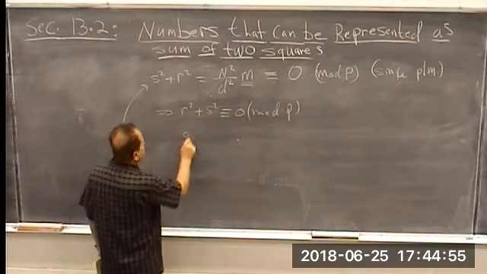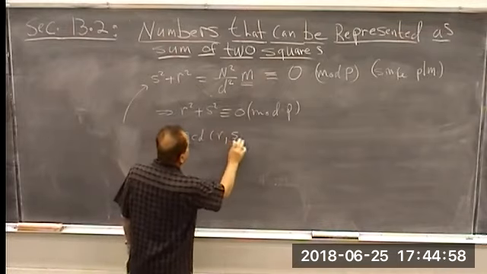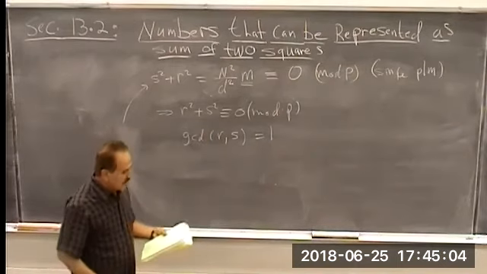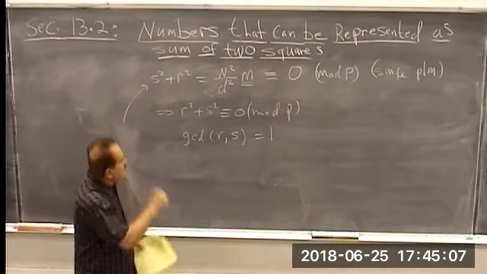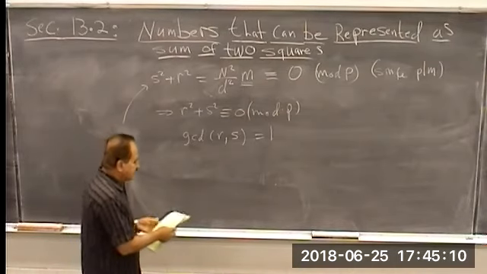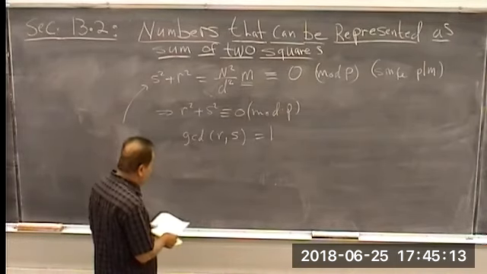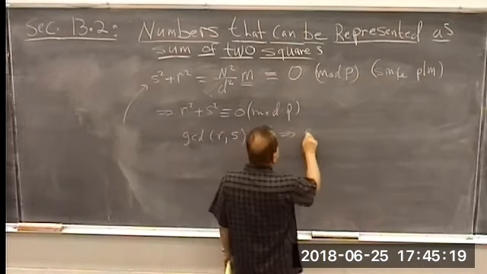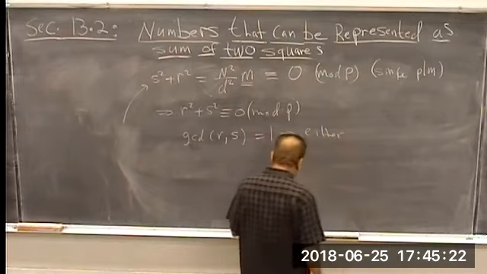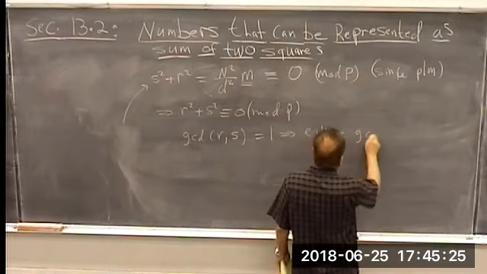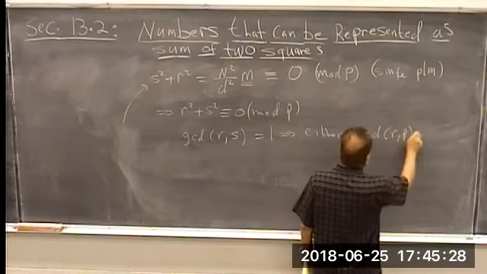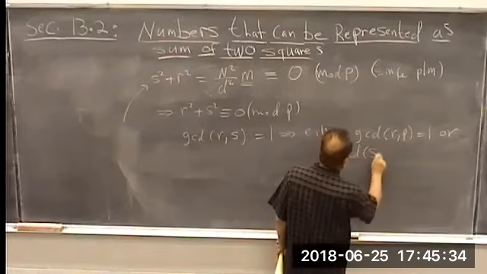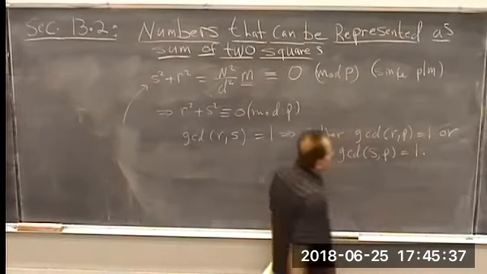Now, we have the greatest common divisor is equal to 1. So this means that at least one of the R and the S is going to be relatively prime to P. So this implies either the greatest common divisor of R and P is equal to 1 or the greatest common divisor of S and P is equal to 1.